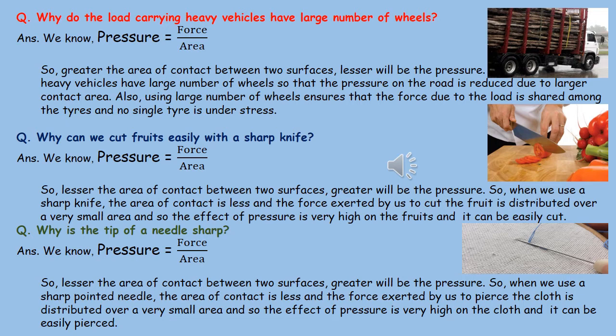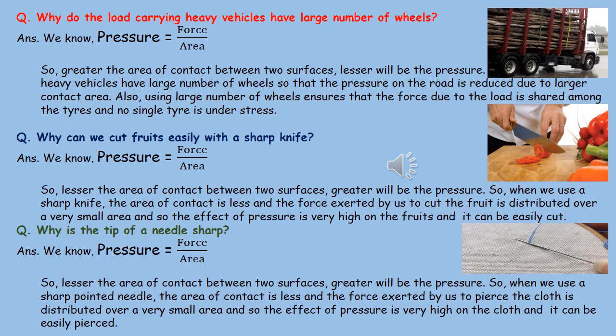Similarly, why can we cut fruits easily with a sharp knife, not with a blunt one? Here also we are applying the same concept: pressure is equal to force by area. So for a sharp knife, the area of contact between the knife and the fruit is very less, and that is why the force we are applying for cutting the fruit is distributed over a very small area.